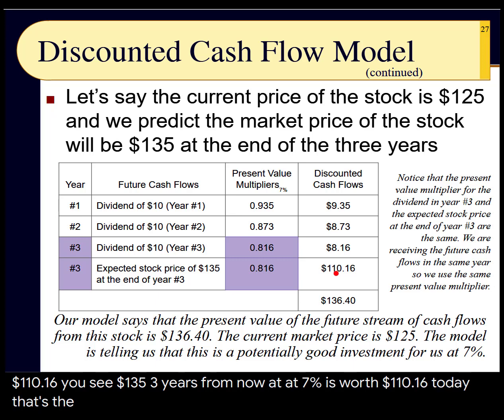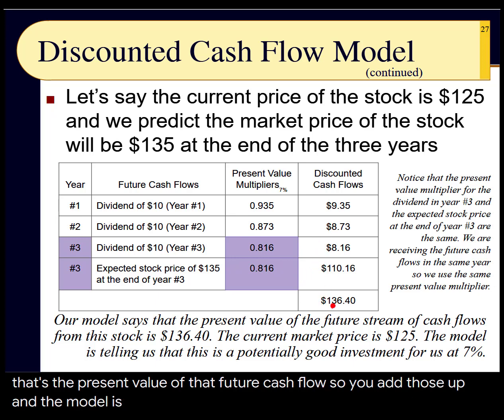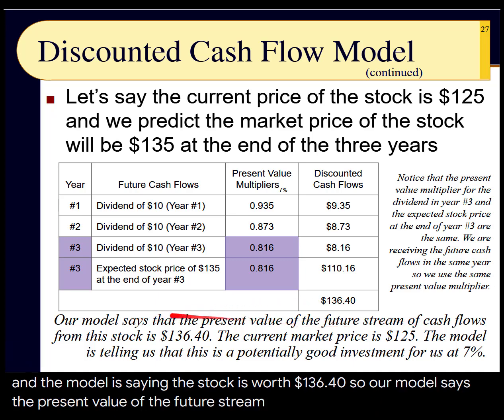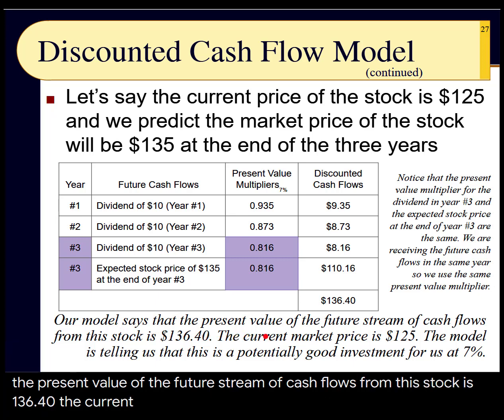That's the present value of that future cash flow. So you add those up, and the model is saying the stock is worth $136.40. So our model says the present value of the future stream of cash flows from this stock is $136.40. The current market price is $125.